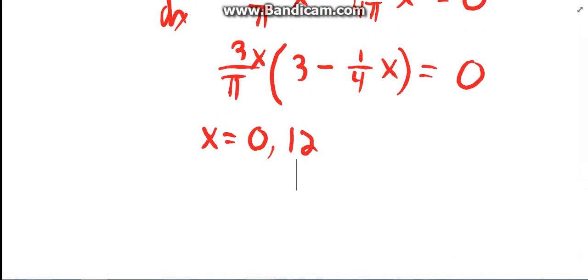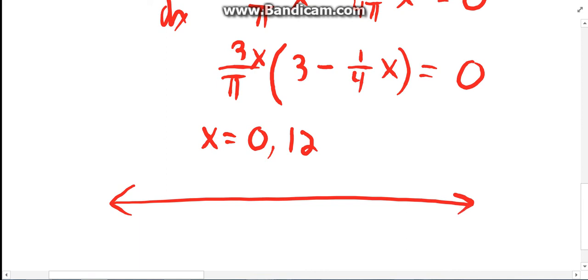If you make your number line, test this out. Remember, the perimeter of this thing has to be 36, so the largest x can really be is 18. If you plug in a number less than 12, like 1, you get a positive times a positive, which is positive. If you plug in a number bigger than 12, like 17, you get a positive times a negative, which is negative.